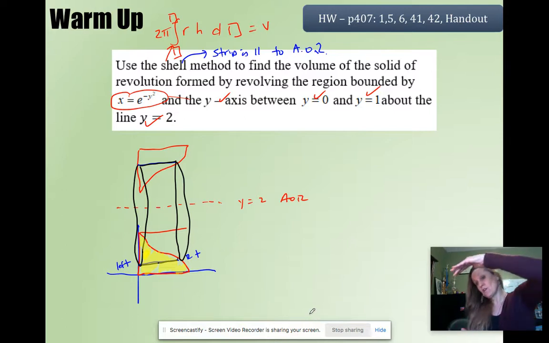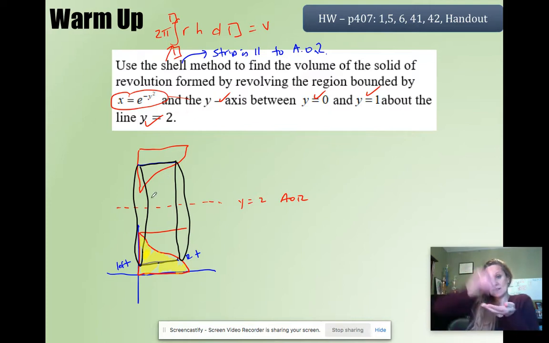The cylinder is on its side. It's really, really thin. I can draw many other ones. I can draw another strip here, here, and I get the idea of these nestled shells, these nestled cylinders inside one another. Again, the Matryoshka dolls, if you will.